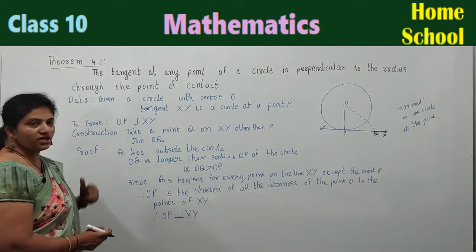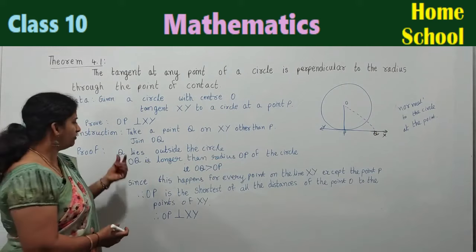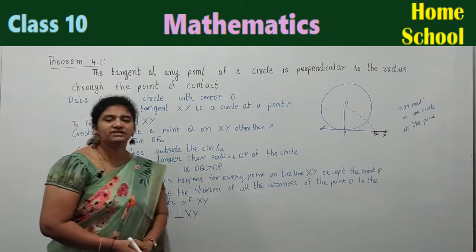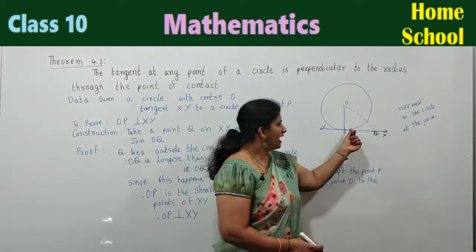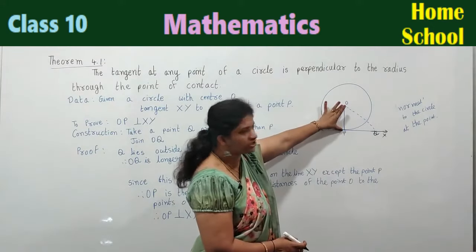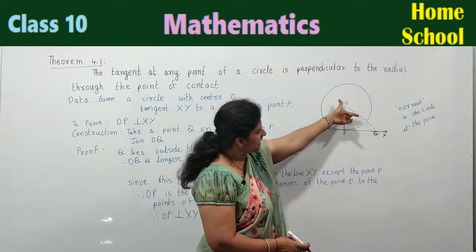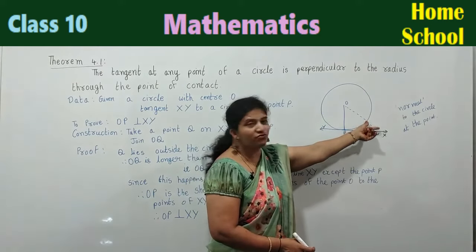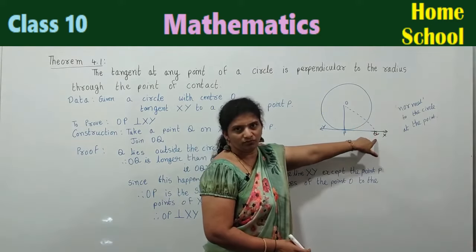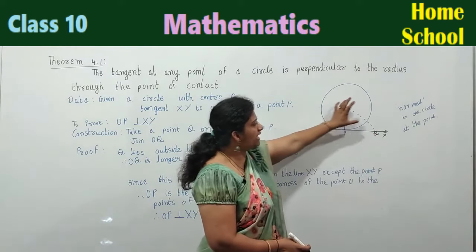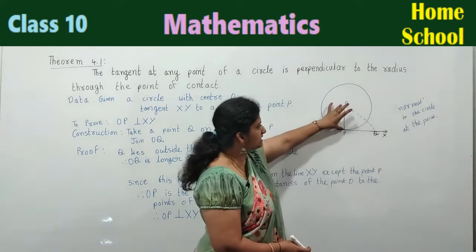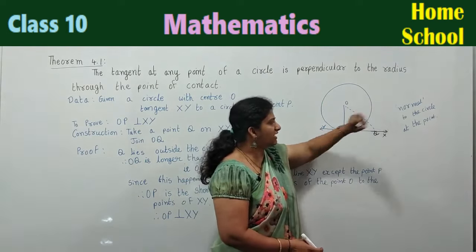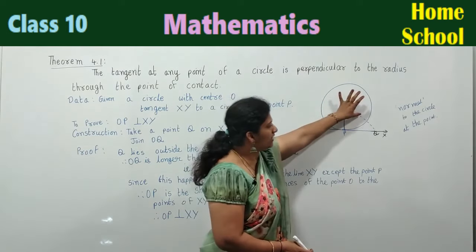Then, what is your proof? How did we start our proof? Q lies outside the circle. Now you can see OP is the radius, but your point Q is this much farther away, more than the radius.